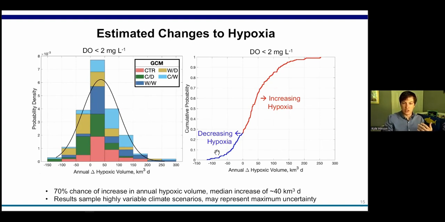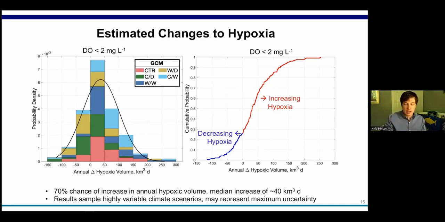And when plotted as this cumulative density function, we see that there's about a 70% chance of increasing hypoxia as opposed to decreasing hypoxia. But as I mentioned earlier, we've chosen these GCMs to represent the maximum level of variability to capture the full range of outcomes. So this may become a narrower, tighter distribution if you were to add more GCMs.